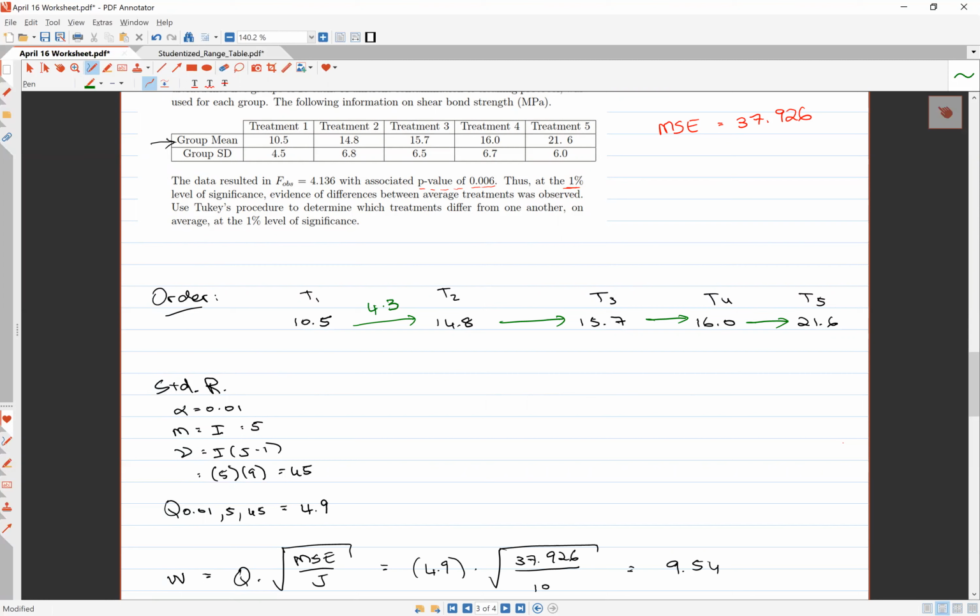This is 4.3. This is 0.9. This is 0.3. And finally, 5.6.